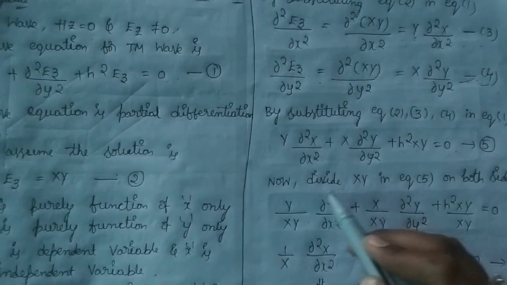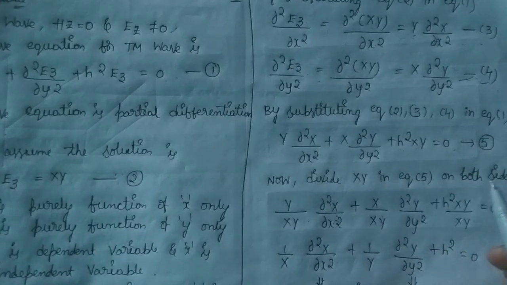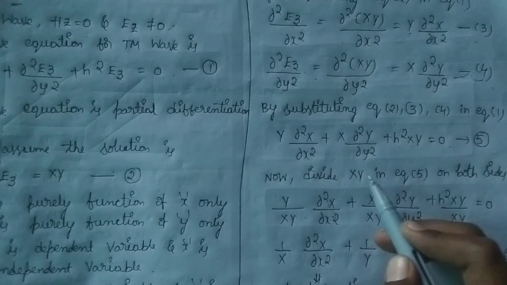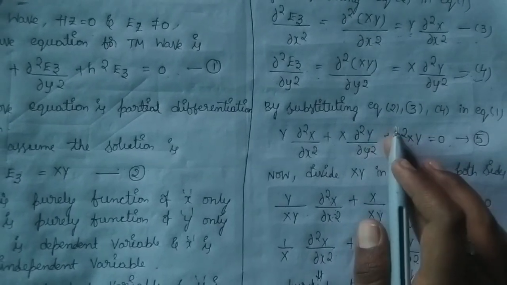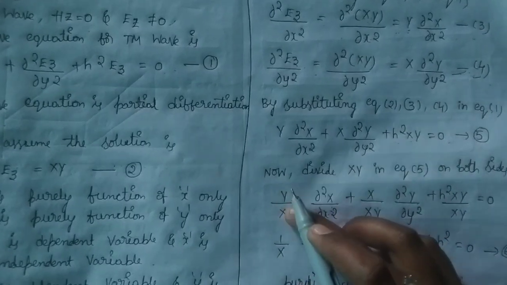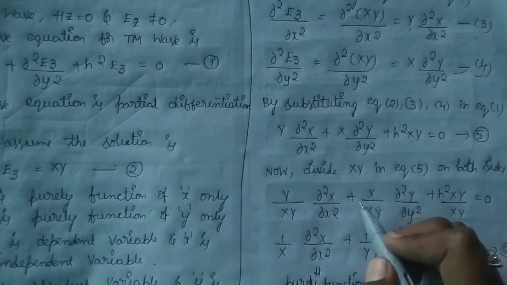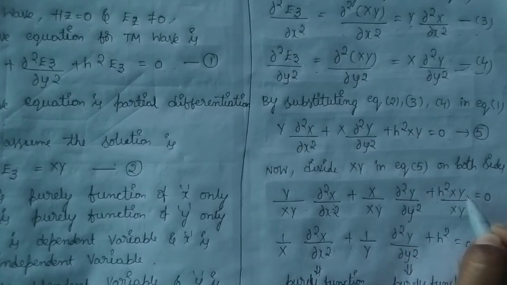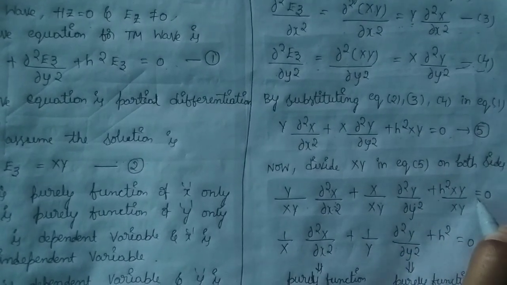Now divide equation 5 by XY on both sides. Then we get Y by XY dou square X by dou x square plus X by XY dou square Y by dou y square plus h square XY by XY is equal to 0.